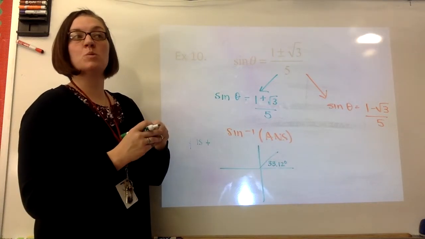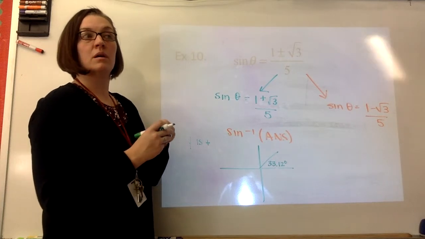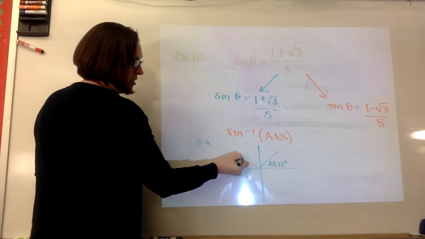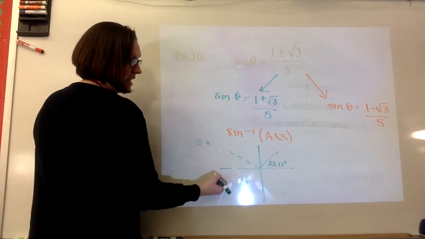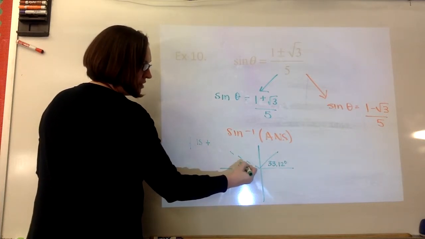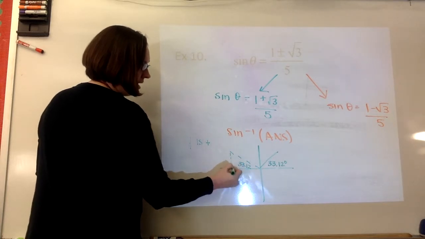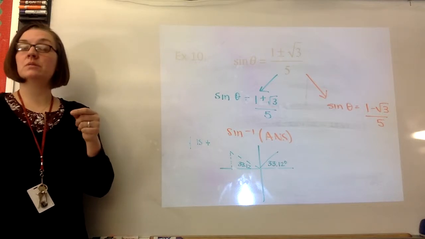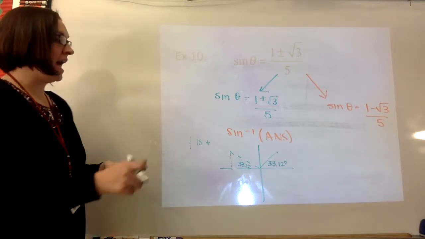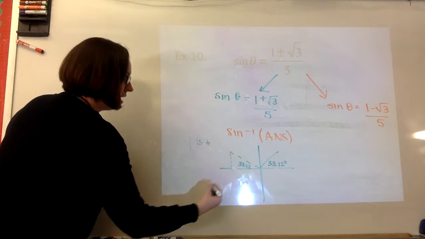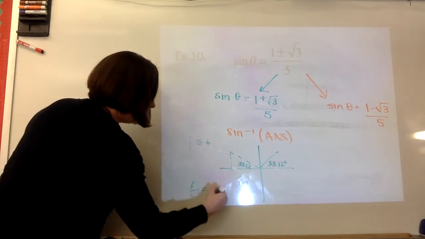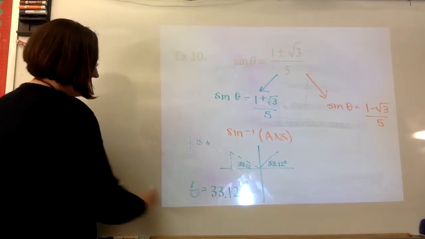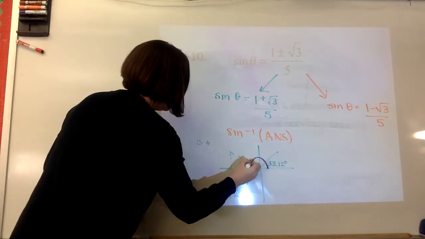What other quadrant is y positive? Quadrant 2, right? So wouldn't the reference triangle be this dotted line? And the value of 33.12 would be there if we drew the reference triangle in quadrant 2. My answer for theta is 33.12, but I also have this angle here.